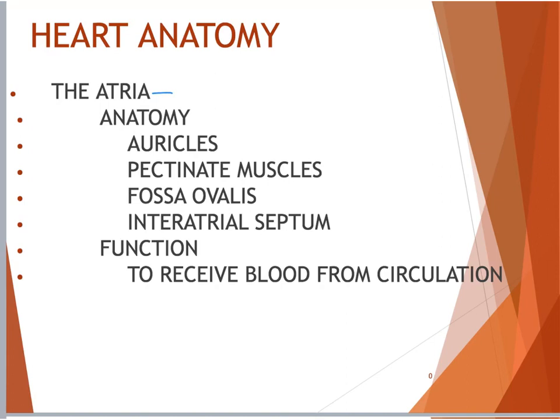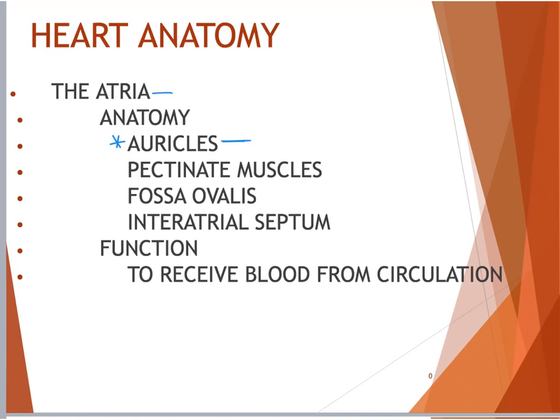And we want to point out a few anatomical features of the atria, okay? The first feature that I want to point out to you are what are called auricles. Now the word auricle is the Latin word for ear, okay? And the reason we call these auricles is they look like small, wrinkled, ear-like appendages that we see on the external surface of the atria.